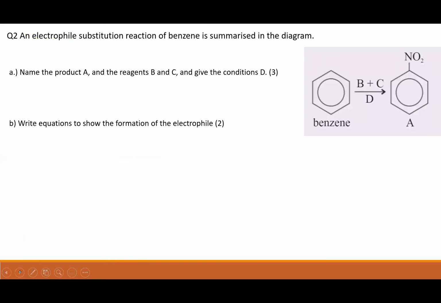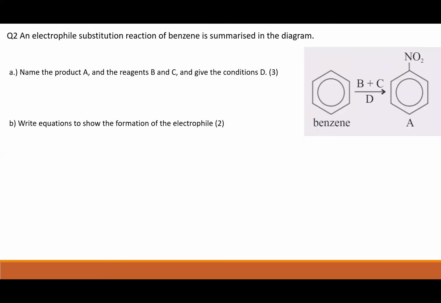Our second question: we've got an electrophilic substitution reaction of benzene, summarized in the diagram. We can see benzene, and we're told that B plus C gives us the product, classed as A, and then there are some conditions that need to be met. The first thing you're asked is to name the product A. That's where we need to remember how to name arenes.